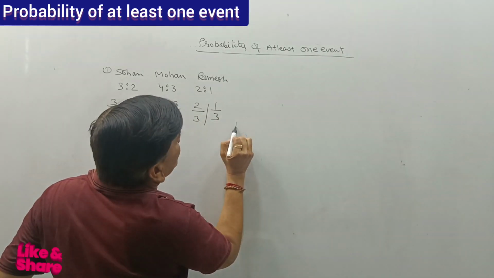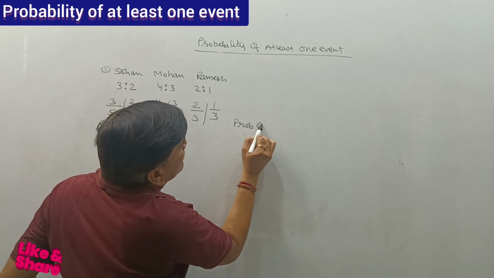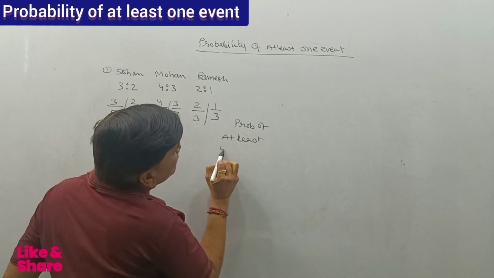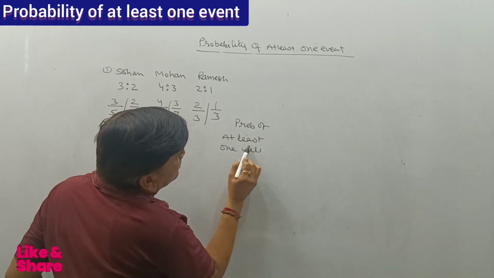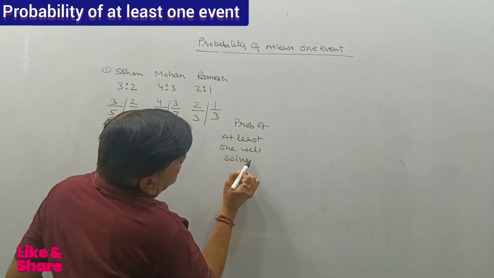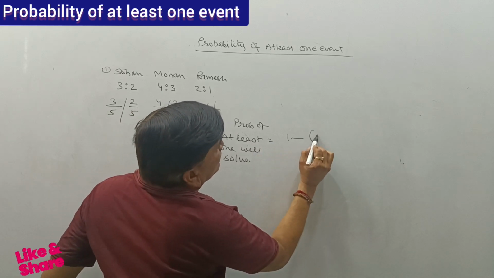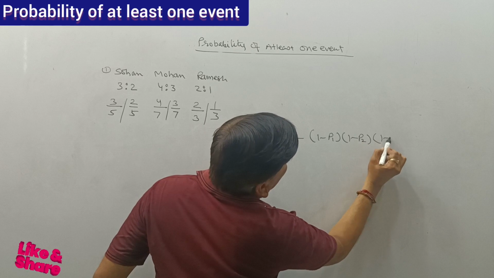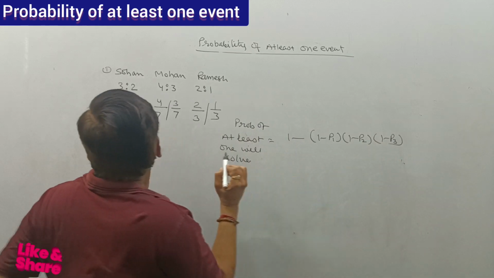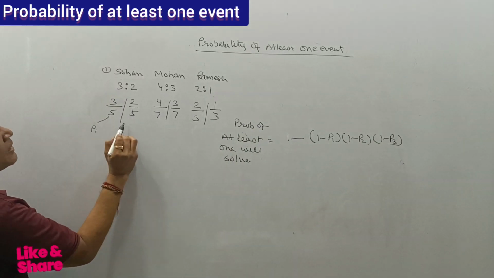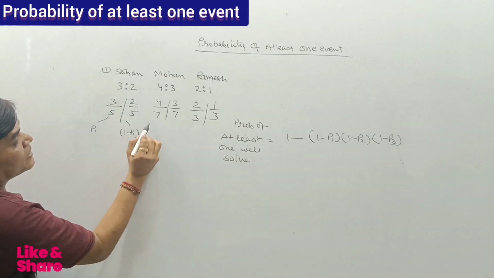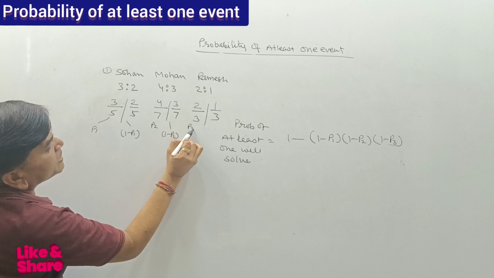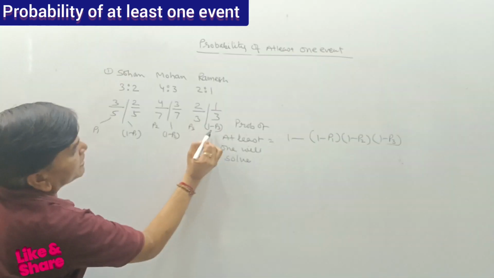So the probability that at least one will solve is 1 minus (1 minus P1)(1 minus P2)(1 minus P3). This is P1 and this is 1 minus P1; this is P2, this is 1 minus P2; this is P3, this is 1 minus P3.